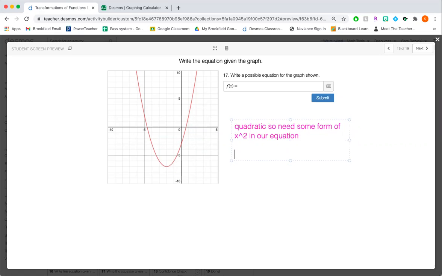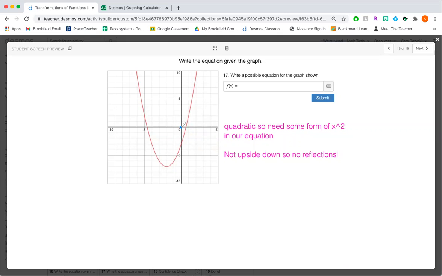This is right side up, so not upside down, so no reflections. So no negatives out in front or on the inside. And then let's see, this is my regular quadratic that usually has a point at 0, 0.